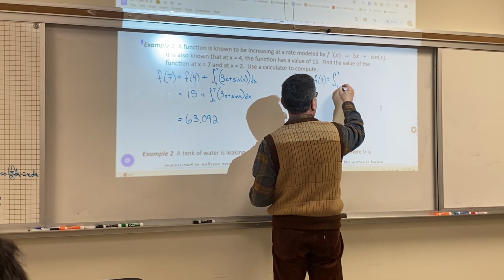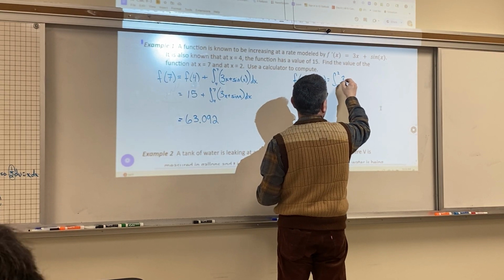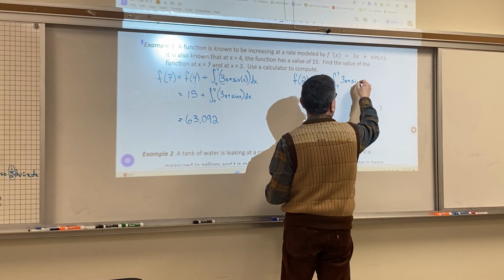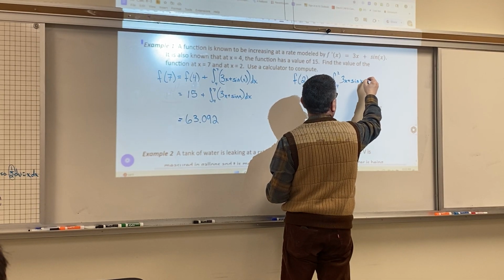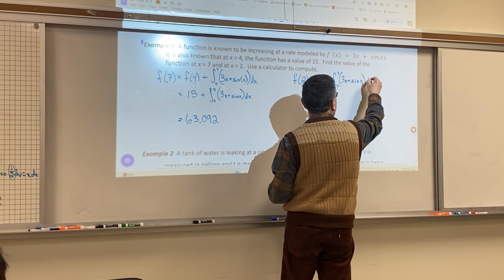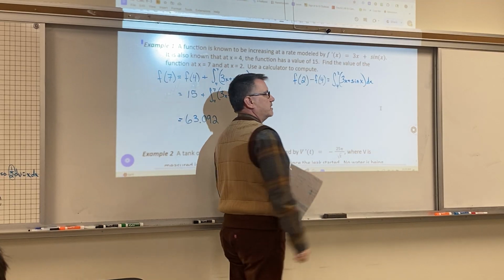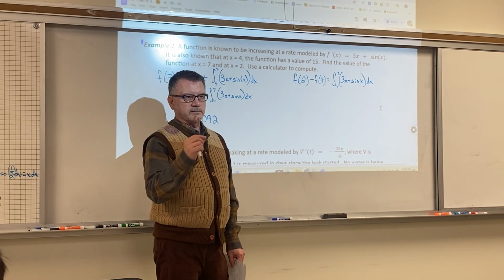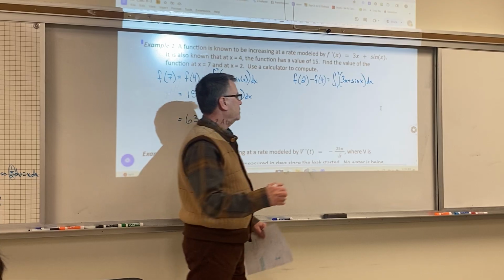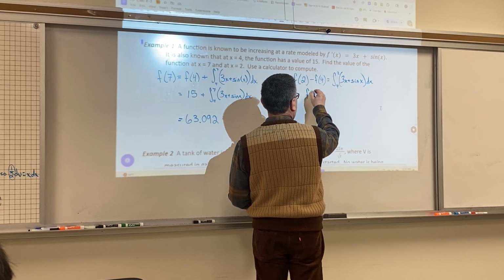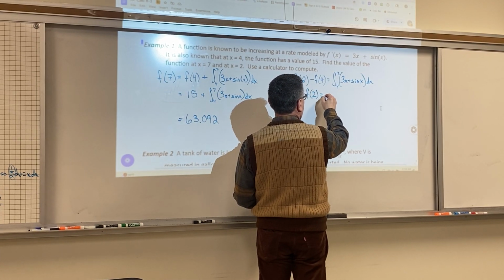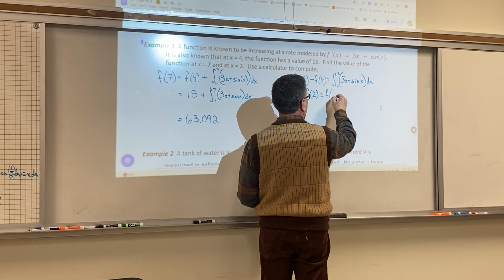Two of 3x plus sin x dx. Yeah, that's how I would get that. Plug in the top number minus plug in the bottom. So when I do this now, which is what I just had up there, add that over to that.